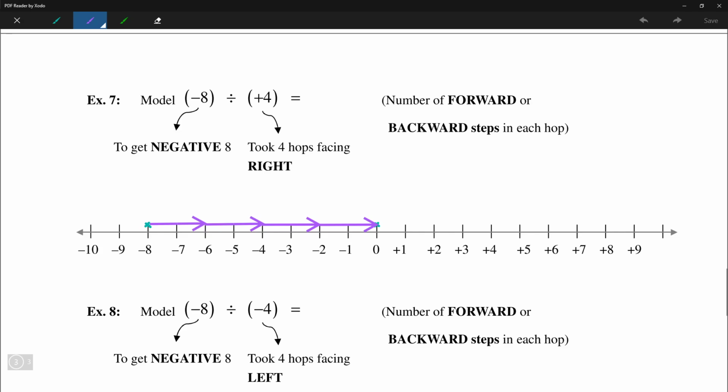So this would be -2. Therefore, -8 divided by +4 is -2, because we hop backwards 4 times, and each hop is size 2.